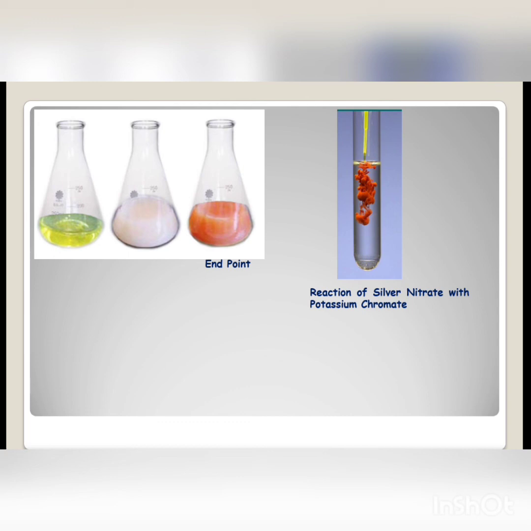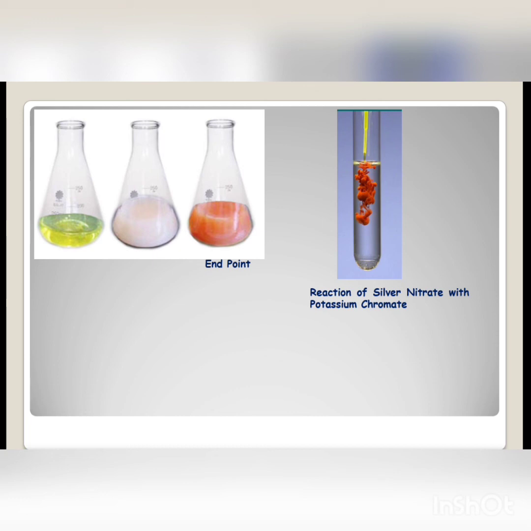After that you have to fill the burette with silver nitrate solution. Here an amber colored bottle is also shown. Why is it shown? Because silver nitrate solution is always placed in an amber colored bottle.